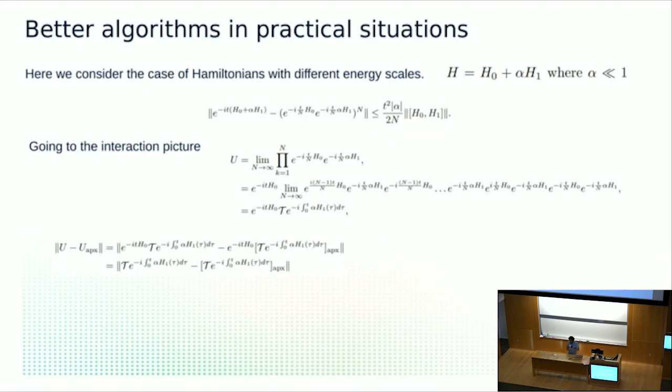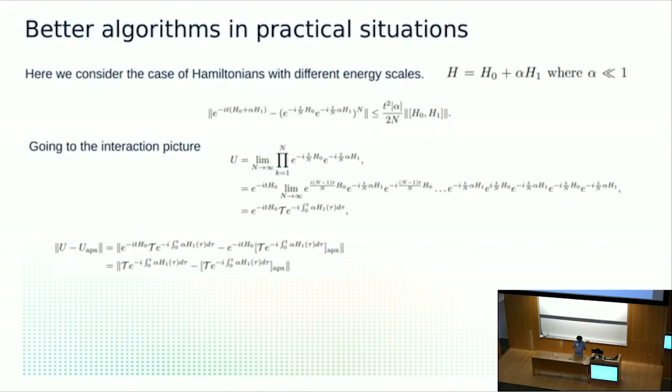And then with this new viewpoint, you can say, okay, let's look at the error of an approximation of this unitary, the error in operator norm, between an approximation of this unitary and our desired unitary. And if we just look at these unitaries in the interaction picture, then we can forget about H0, because the operator norm is invariant under unitary transformations.